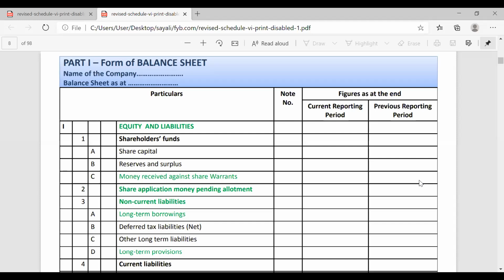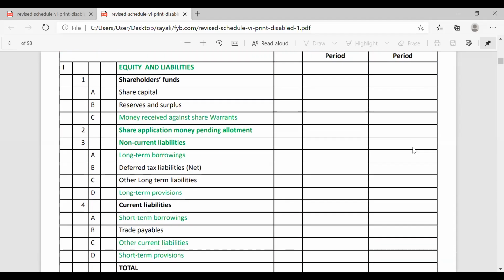As you see, there are 4 columns: note number, particulars, figure as at the end of the current reporting period, and the previous reporting period. So this is the format of your balance sheet. In this balance sheet, as we discussed in the headings above, there are two headings: equity and liabilities, as well as current liability.